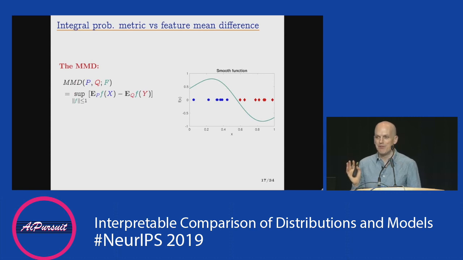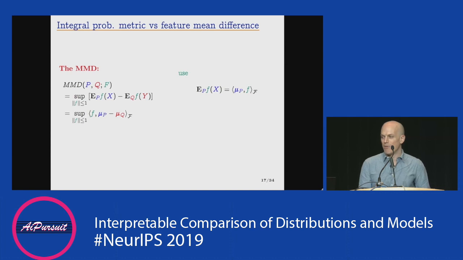So this is our first proof, but it all fits on one slide, so stay with me. Okay, I've got my MMD. It's the smooth function that maximizes the difference in expectations. Remember what I said on the previous slide. The expectation of a function of x is a dot product of the vector of coefficients that define it and the expected features of x. Expected features under P. Okay, so mu_P, expected features under P, dot product with f. So I've substituted that in, that's what's in the third line.